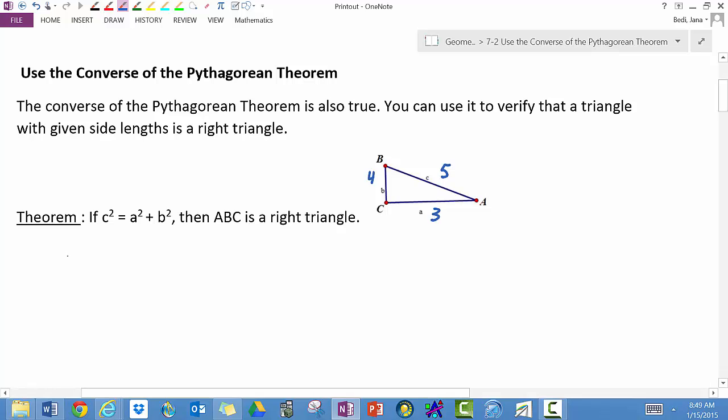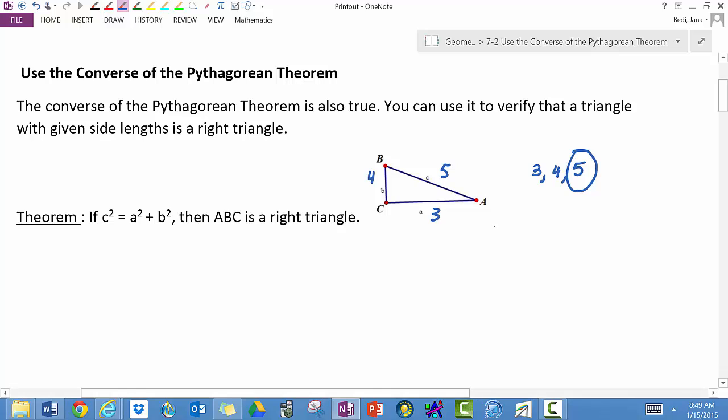So what I like to do is write my numbers in ascending order. This means if this is a right triangle, then the 5 will be the hypotenuse, while 3 and 4 would be the legs. Then I'm going to test this.